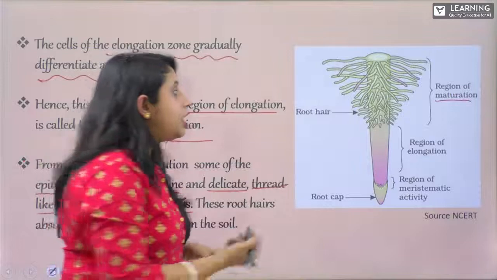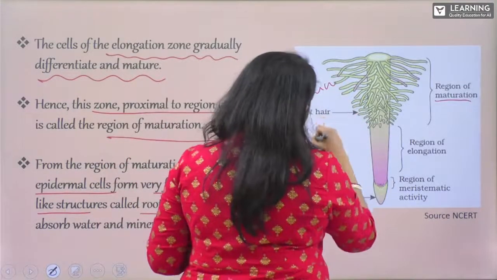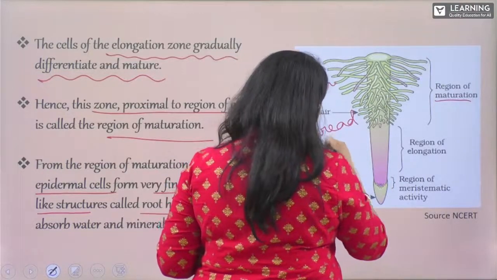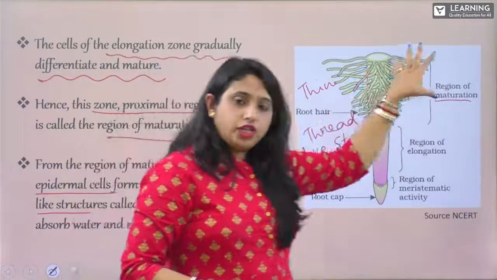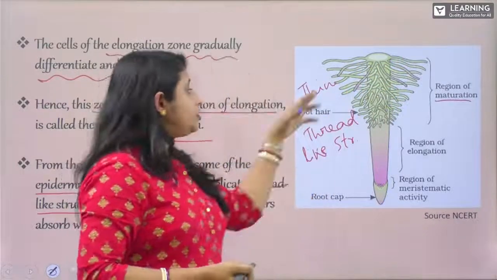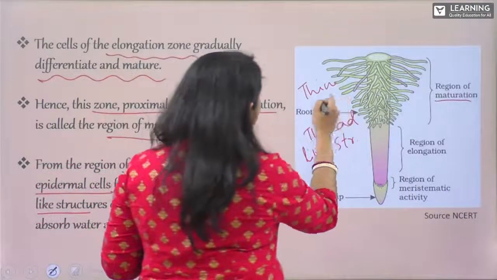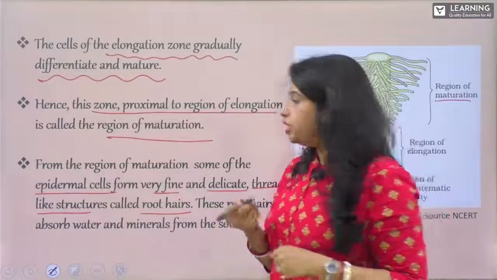The root hairs are thin and they are thread-like structures. So from the region of maturation, there will be thin thread-like structures that are called your root hair. Clear?